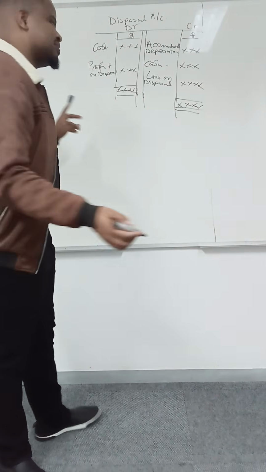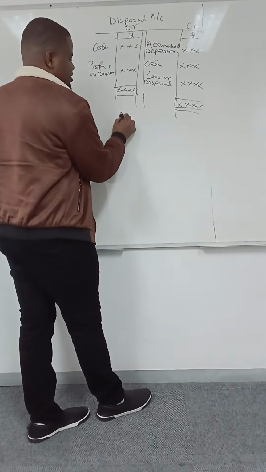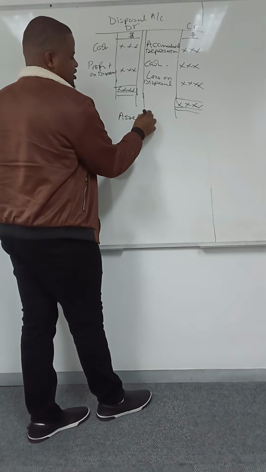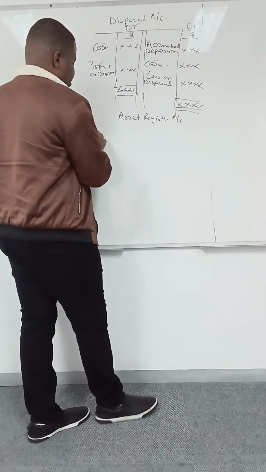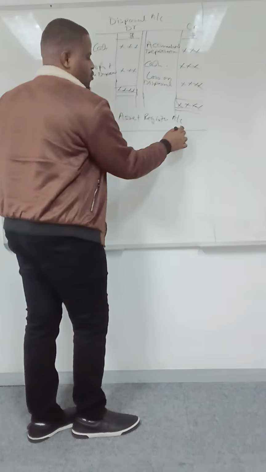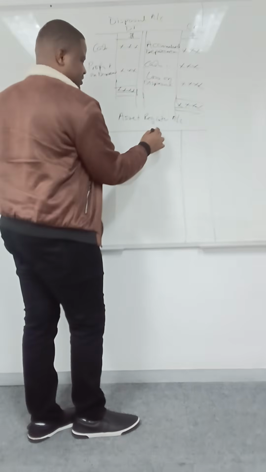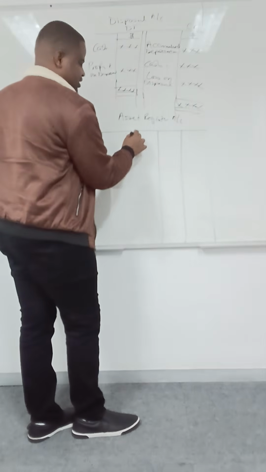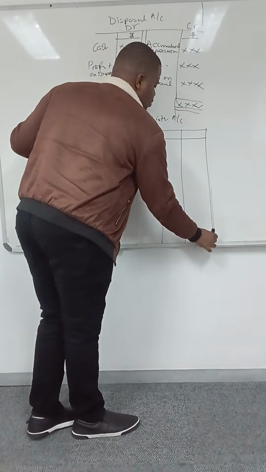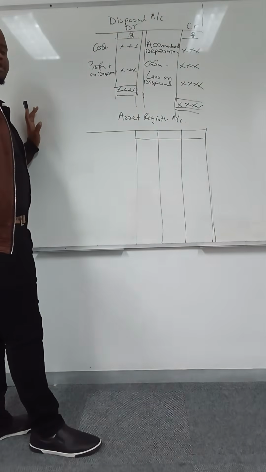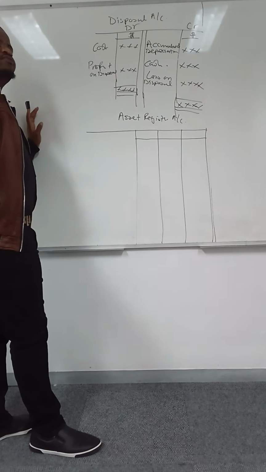Now, to do the asset register account. So the asset register account is now a summary of all the assets that we have in our business.